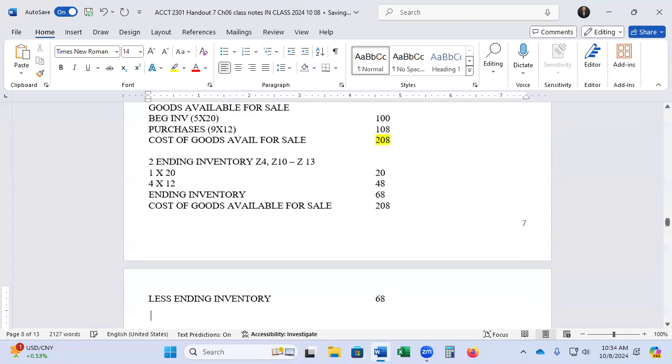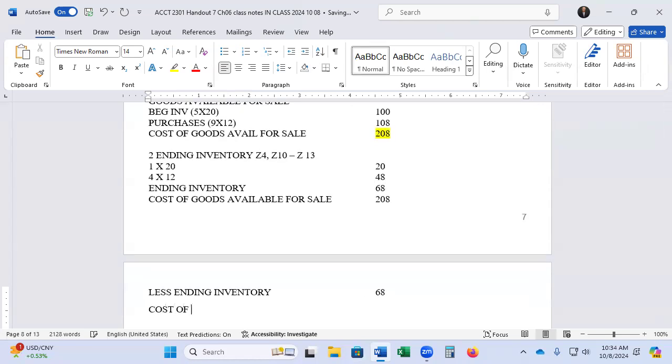Less the 68, then my cost of goods sold equals 140. Any questions? Oh, excuse me, on example 1.